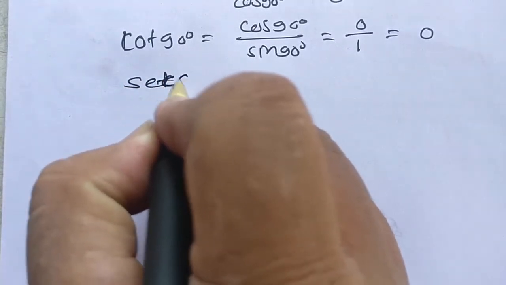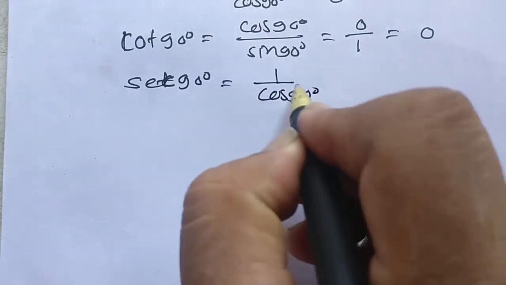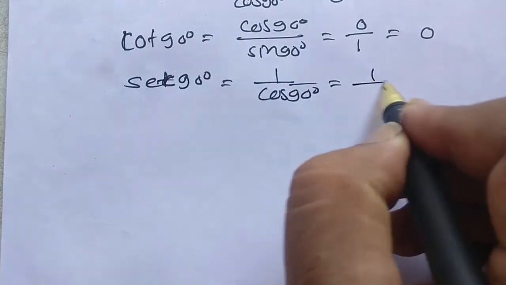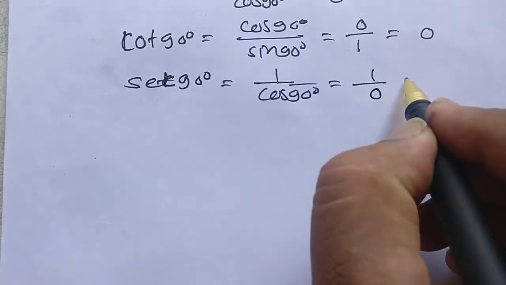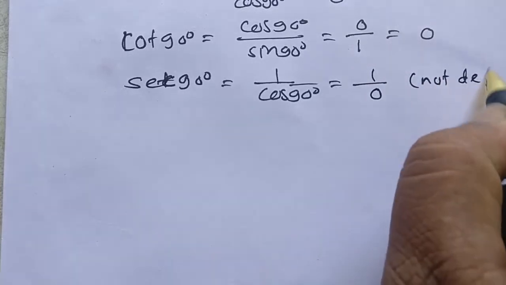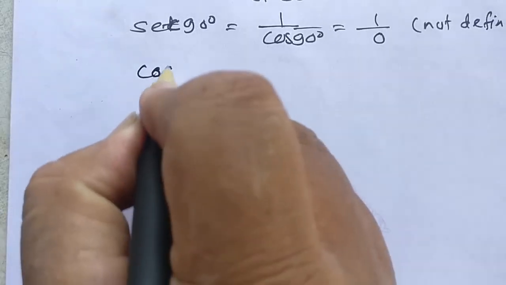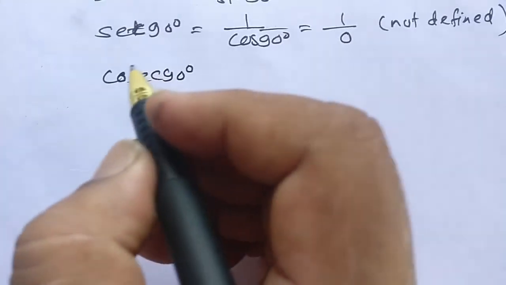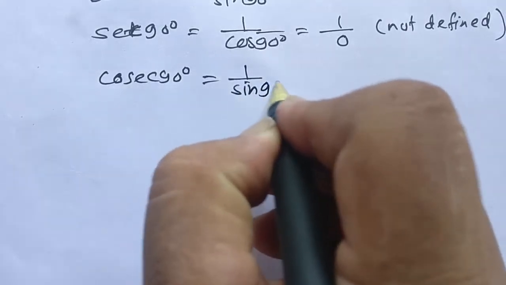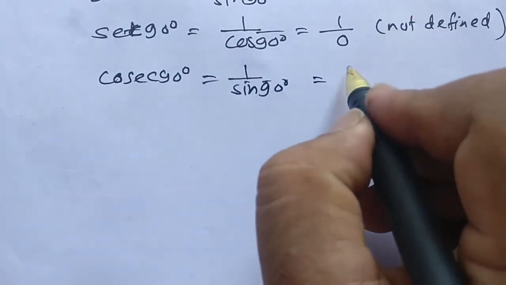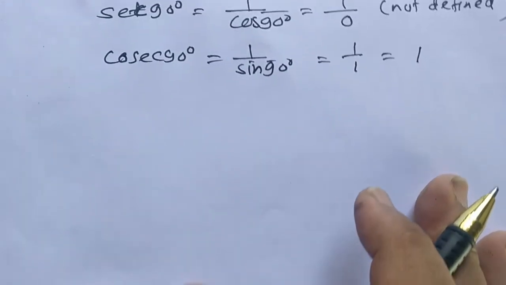Sec of 90 degree is 1 upon cos of 90 degree. 1 upon 0 is not defined. Cosec of 90 degree is equal to 1 upon sin 90 degree. It is equal to 1 upon 1, that is 1.